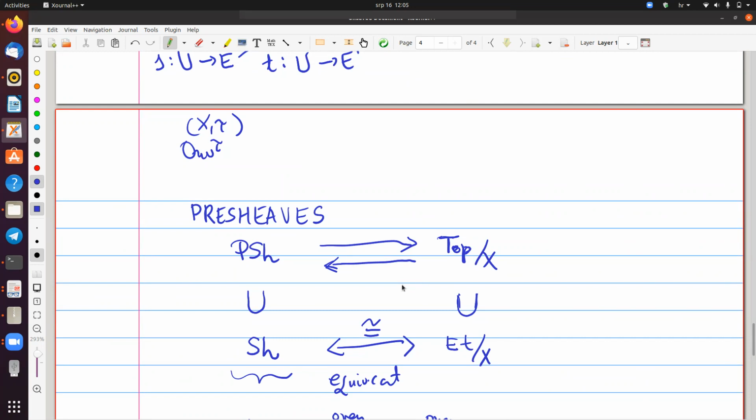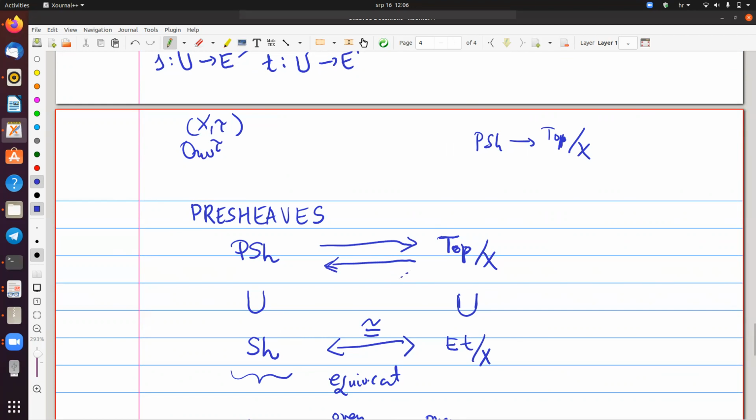I really don't know how to call it in this particular situation, but if I go from pre-sheaves to topological spaces and return back, so you go from pre-sheaves to topological spaces over X, and you always end in étale spaces. Remember, this is the essential image of this functor above, and this here is the essential image of this functor below.